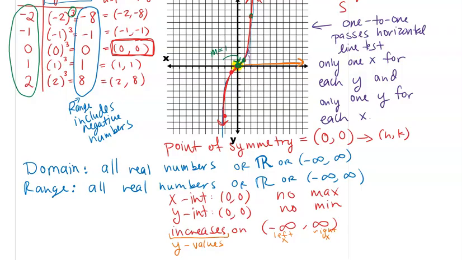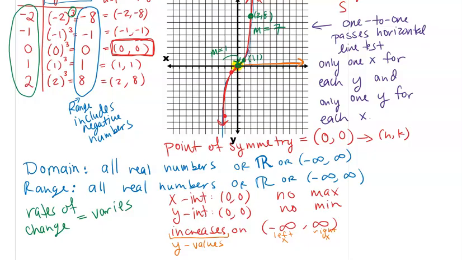But then if I were to go to the next 2 points, which was 1, 1 and 2, 8, my rate of change there would be 7. And then so on and so forth. So I have all these varying rates of change. So again, your rates of change for the cubic function basically vary. And so there is no one set rate of change.